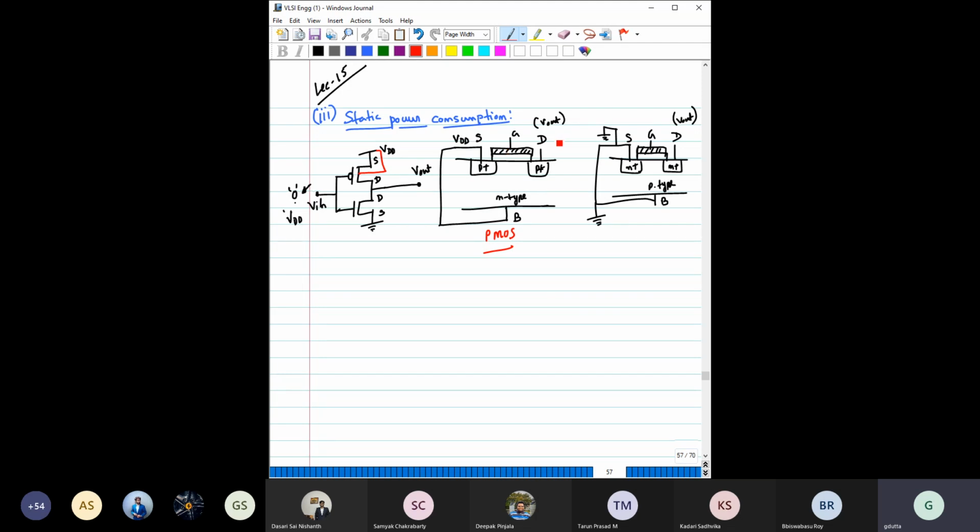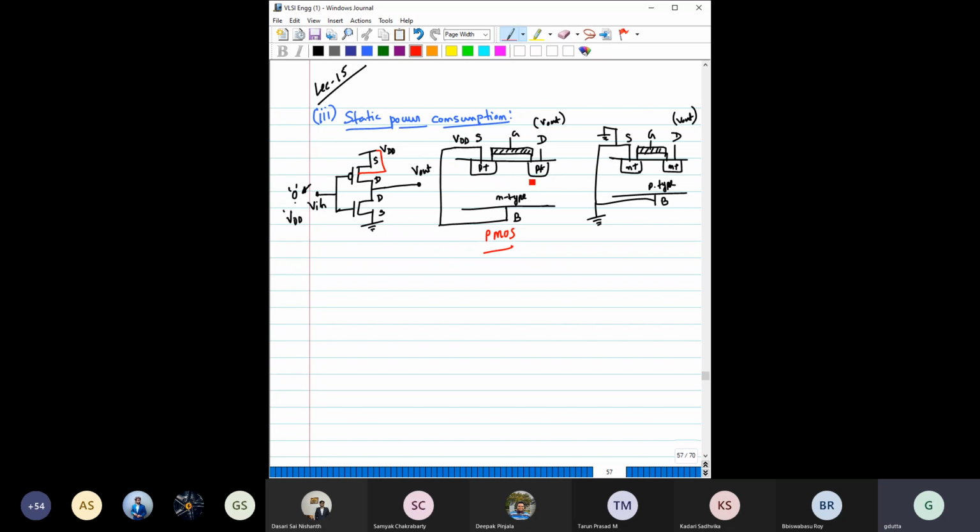Now suppose this V out is equal to 0. Then you see this is a PN junction, and you have applied a higher potential to the N side compared to the P side. That means you have reverse biased this PN junction, the drain to substrate. As a result, every reverse-biased PN junction should have some leakage current.